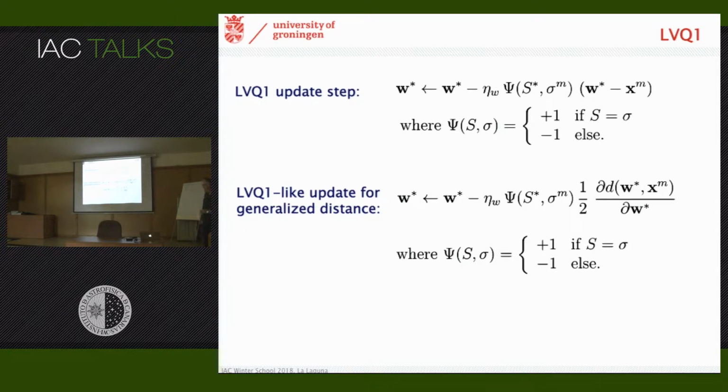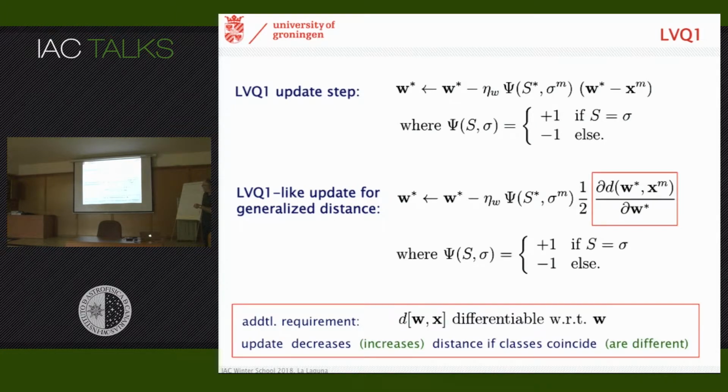Why do I tell you that? Because it means immediately, if I go for a different distance, I can construct my LVQ algorithm by inserting here something other than Euclidean distance. All it needs to satisfy is the condition that it's differentiable with respect to the prototype. And then if you come up with your own personal favorite distance measure for your problem, you can construct your LVQ1-like algorithm immediately, right?